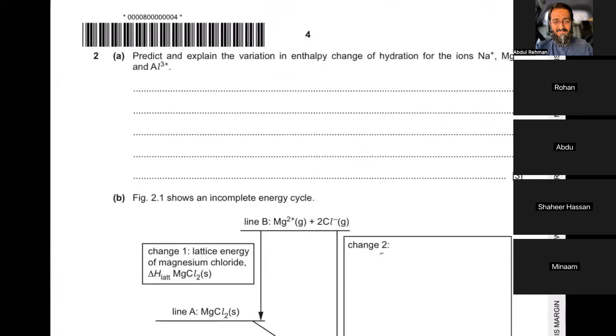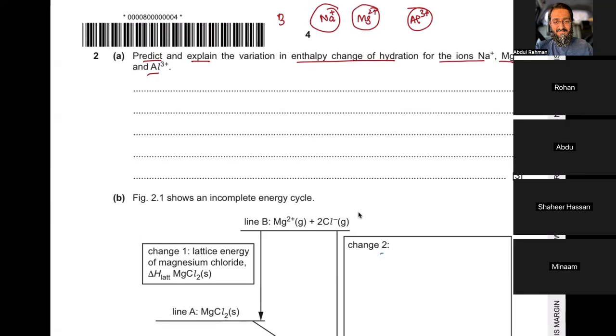Now, question number 2. Predict and explain the variation in enthalpy change of hydration for the ions sodium, magnesium, and aluminium. So all of them are in the same period, right? In period 3, you will find sodium, then magnesium, then aluminium. So their size decreases because of a higher nuclear charge.